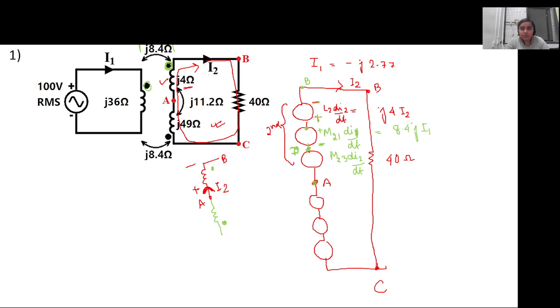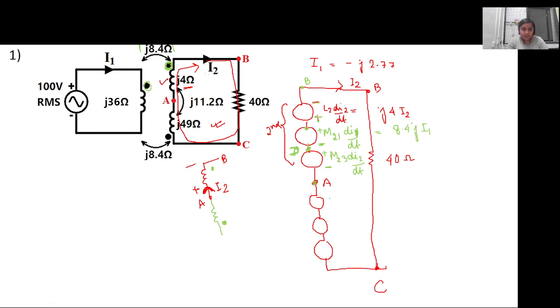So the point D will be positive or negative? Can anyone say? Positive. Yes. So the voltage drop will be like this. Now that you have the feel of the first inductor, can you also write for the second inductor quickly? Yes, ma'am.